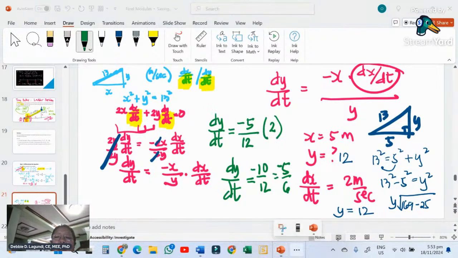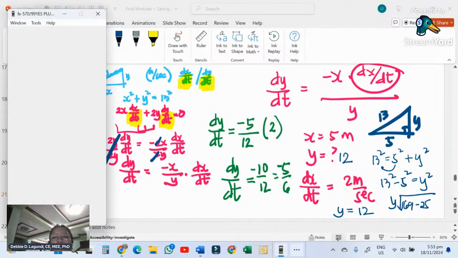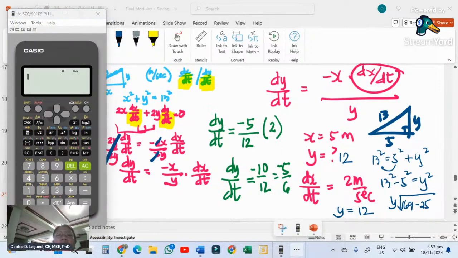Let's do it here with a calculator. All right, so you have fraction, and then negative 5, down, 12, and then times, you don't need to do that, you can just do a bracket times 2.